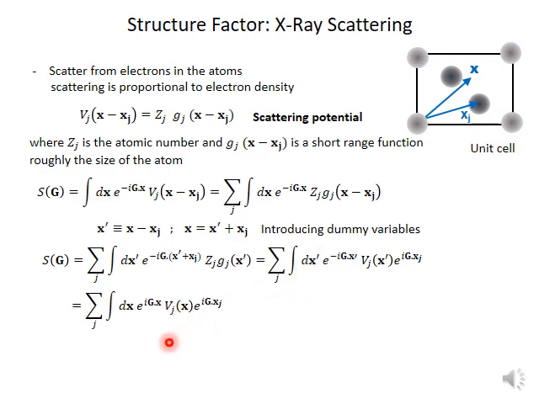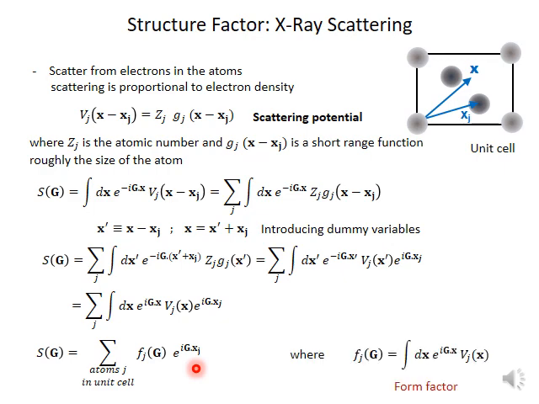So this integral is simply given by this, and a sum over j, where j is the summation over all the atoms, and this summation I can now write in this form such that you have this factor multiplied by this form factor, the atomic form factor, which we already had for the case of neutron scattering.